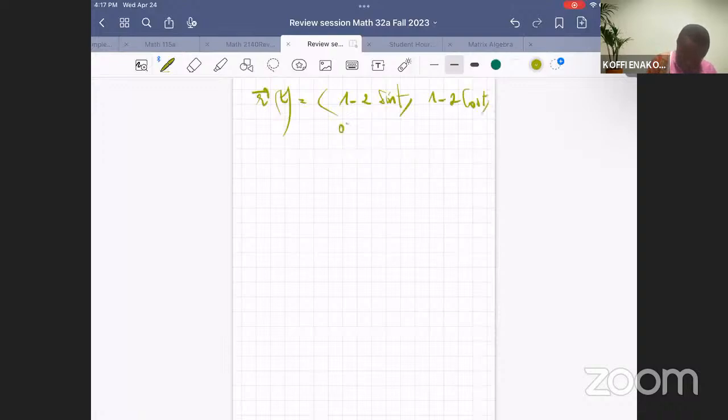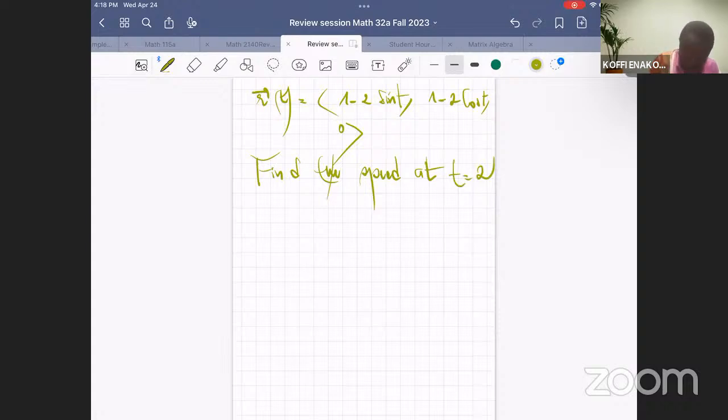And there is a third component, which is 0. First question: find the speed at the time t that is 2 seconds.